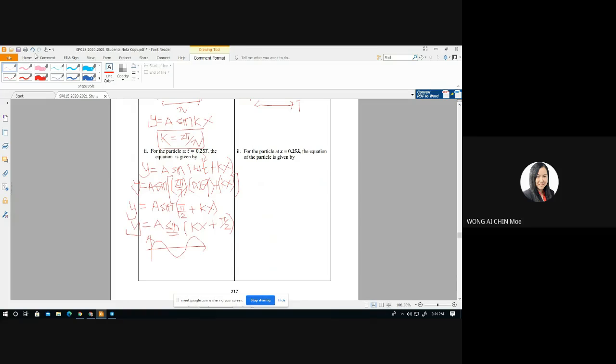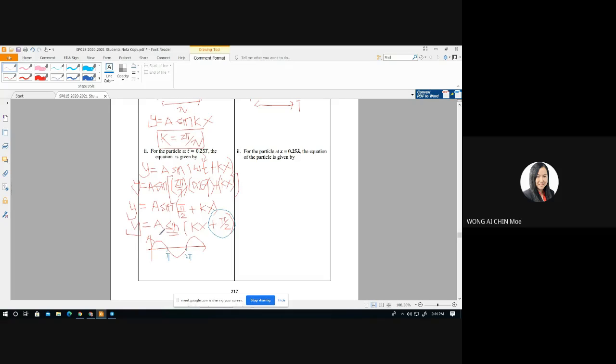But if the question has an initial phase angle, meaning that we need to shift, plus this initial phase angle. So plus pi over 2 means that this axis here is 2 pi, this is 1 pi.